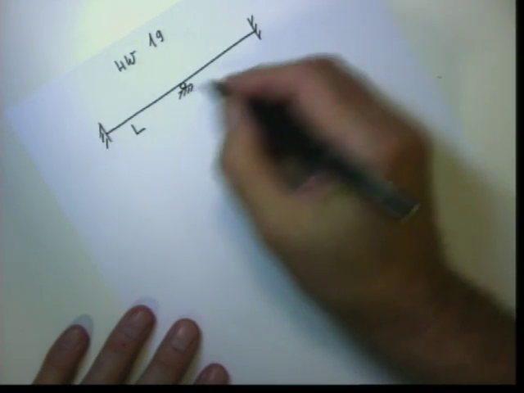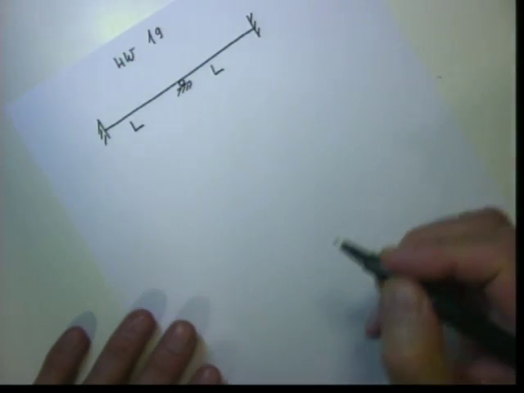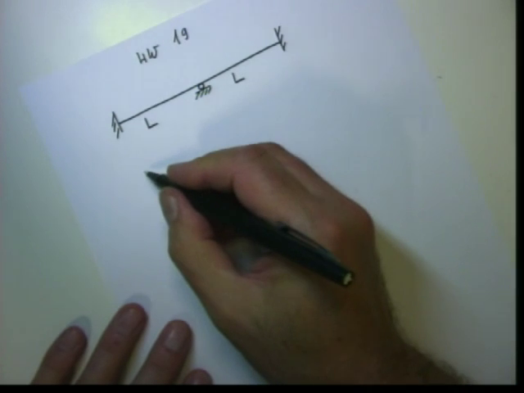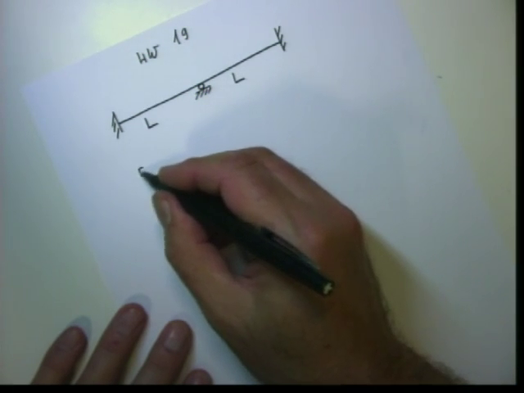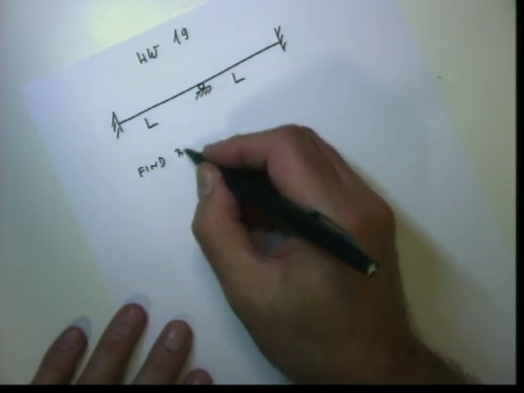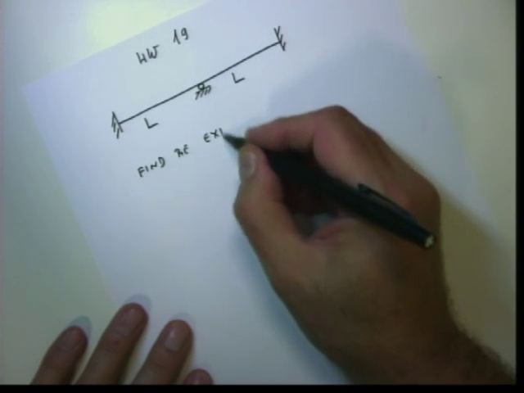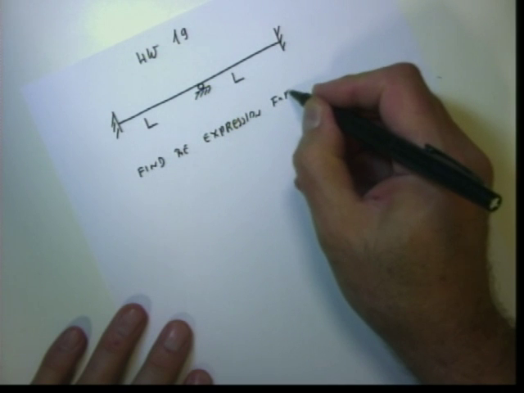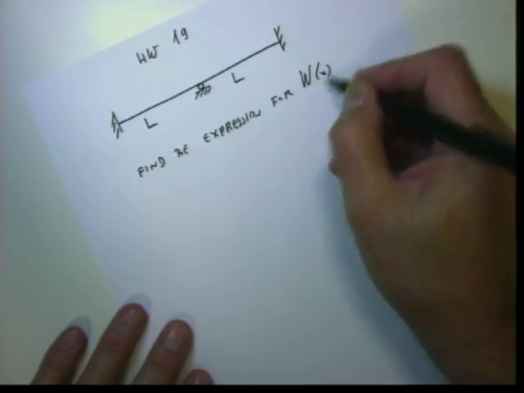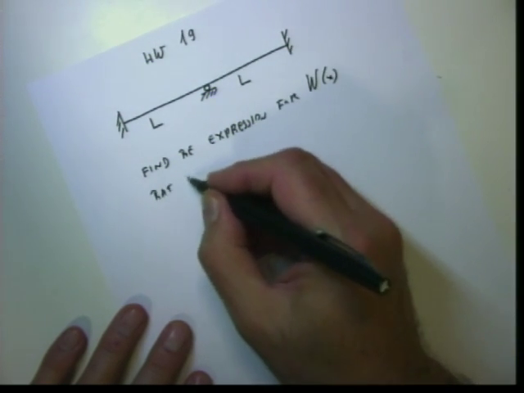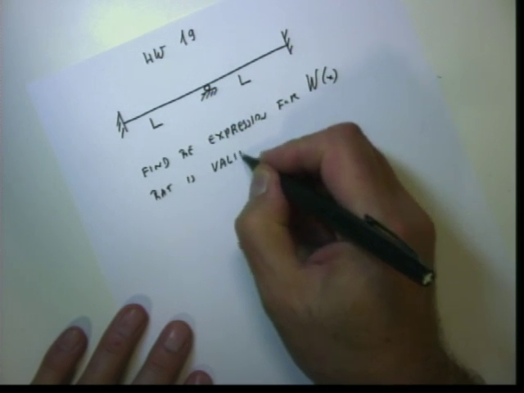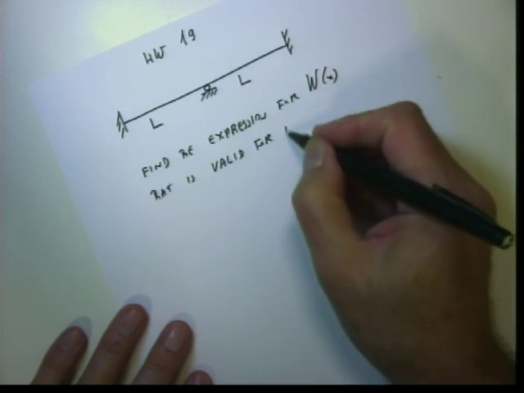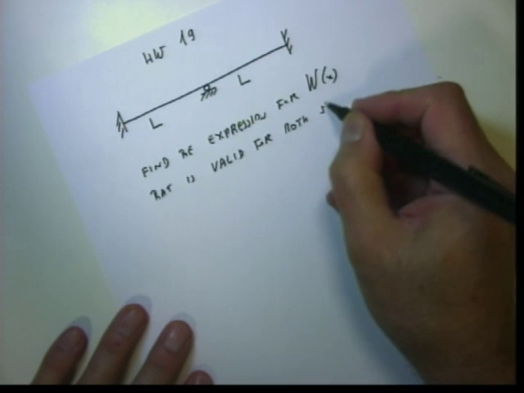So this is L, this is L, and we would like to find the expression for W of x that is valid for both spans.